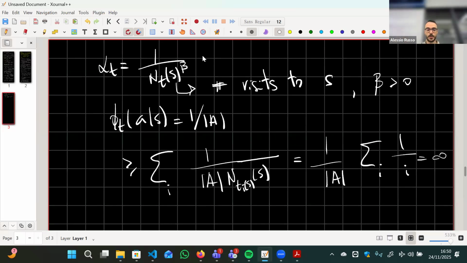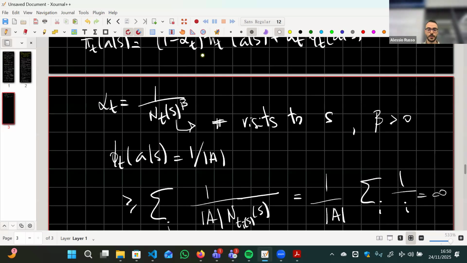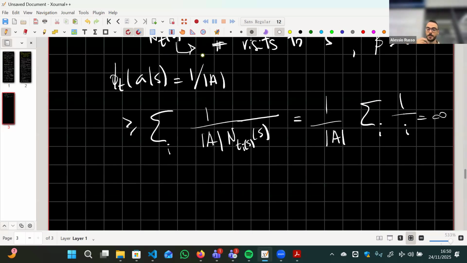There are also more sophisticated forcing policies that we could use. For example, you could use phi t to be equal to some softmax of the visitation vector.